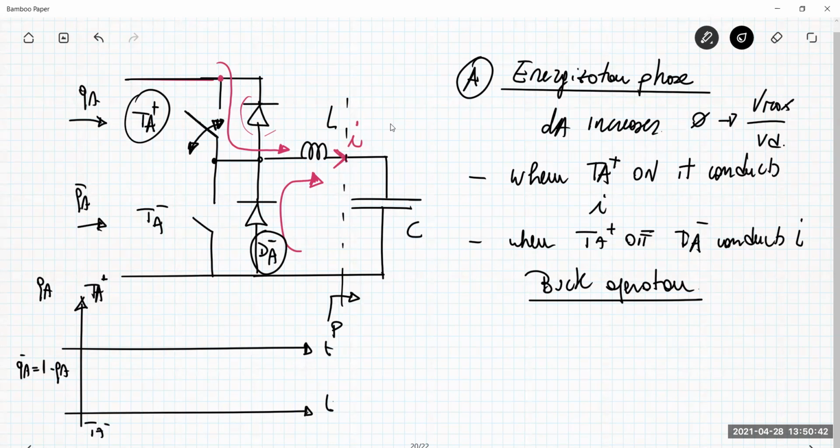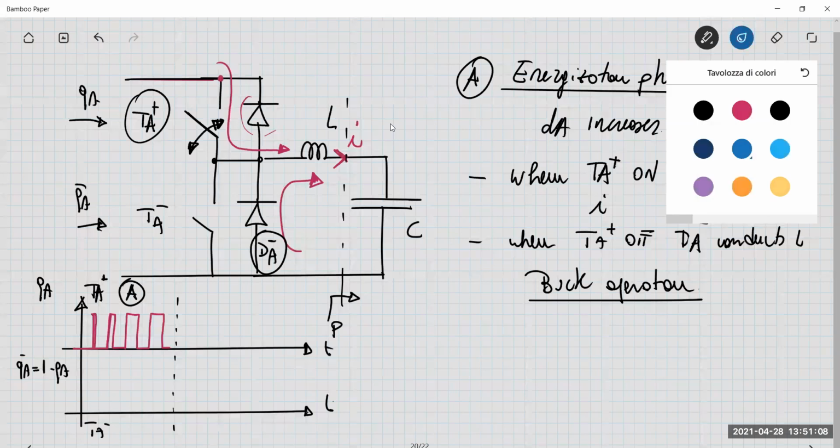So what happens? Let me exaggerate a little bit the phase that I call A, the energization phase. Here the duty cycle is increasing from 0 a little bit. Here I'm exaggerating, okay, but the duty cycle is increasing. What about the switch B?